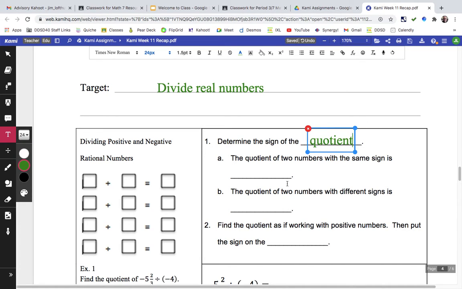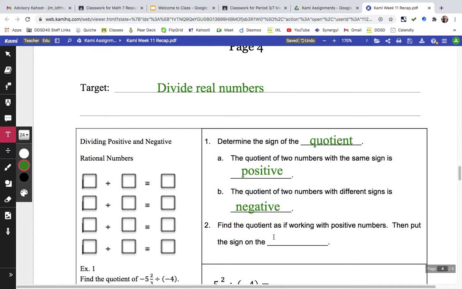The quotient of two numbers with the same sign is positive. The quotient of two numbers with different signs is negative. And this one wasn't really worded very well. To find the quotient, work as if with positive numbers, then put the sign on the quotient.